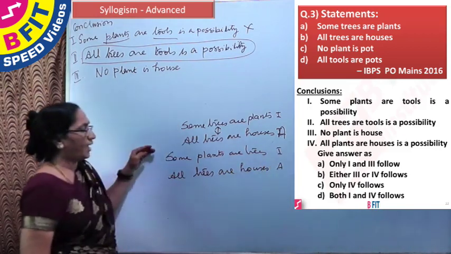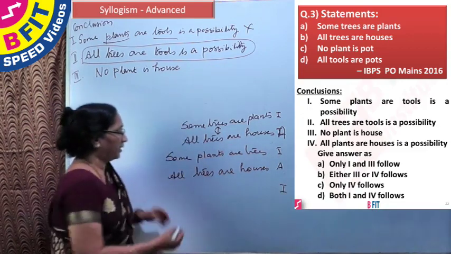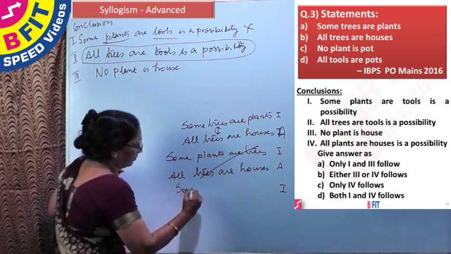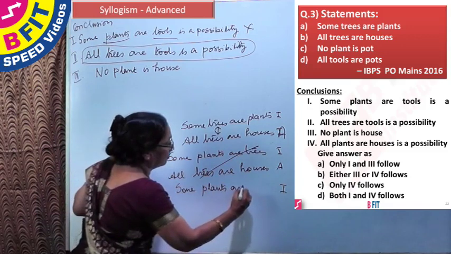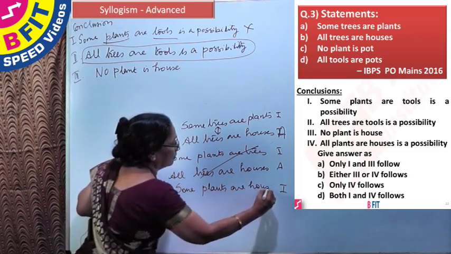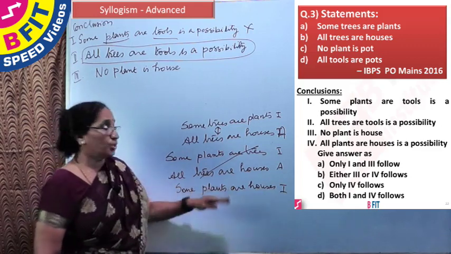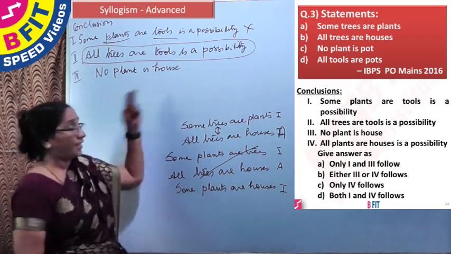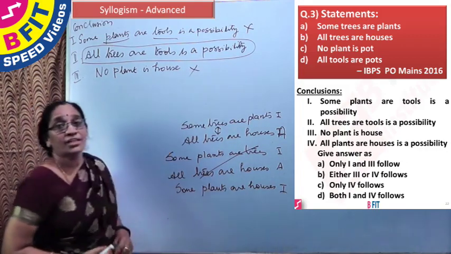When you combine an I and A statement, we get another I statement, and that will be some plants are houses, which is a definite conclusion, and the conclusion given here is no plant is house, and hence this conclusion is false.